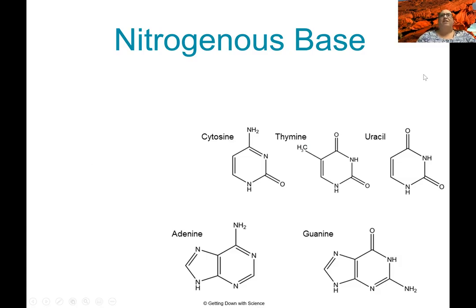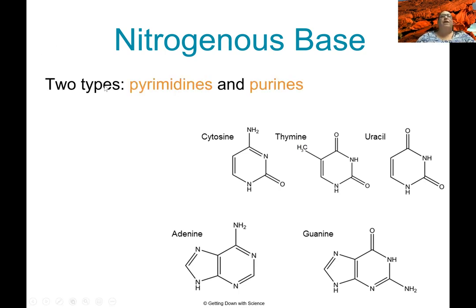Some of them you may not remember their actual names, but if I were to say A, T, C, G, and U, then you'd go, oh yeah, I remember us doing something like that. And some of you are probably still going, we talked about that? We did.